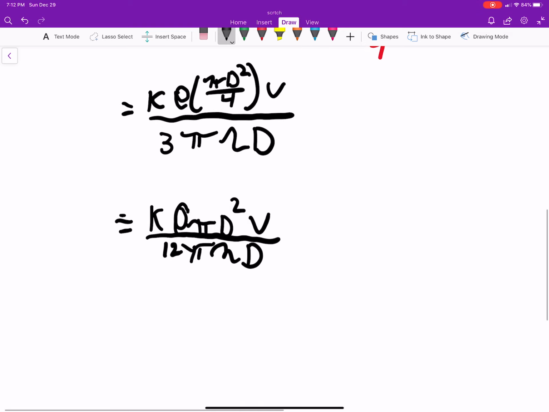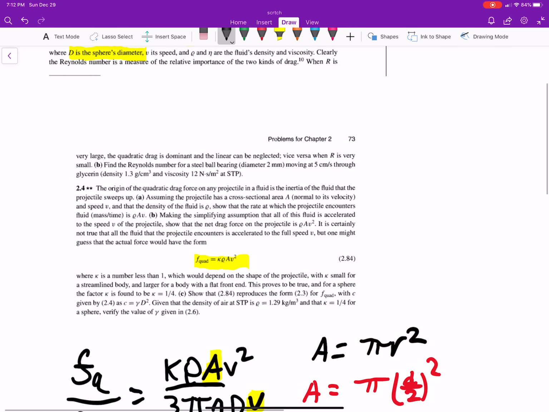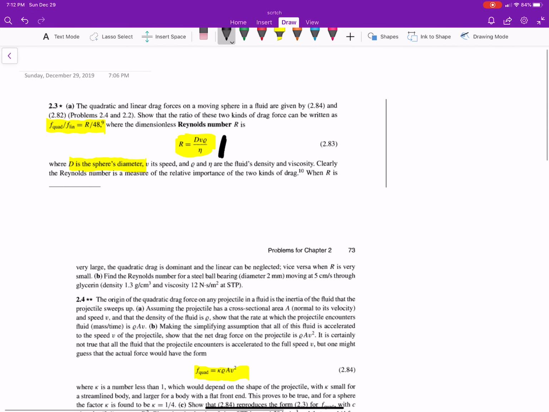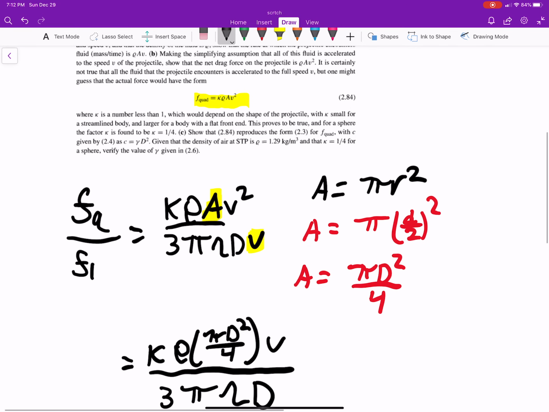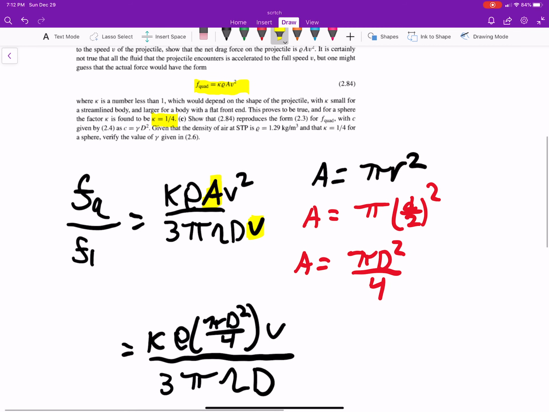And now we can simplify this a little bit because you can see the pi's cancel, one of the d's cancels. And this is all that we're left with. Well, R is given right there, as you can see right here. So that's going to be important. And then also the fact, I think it's mentioned over here, this K is 1/4 for a sphere.